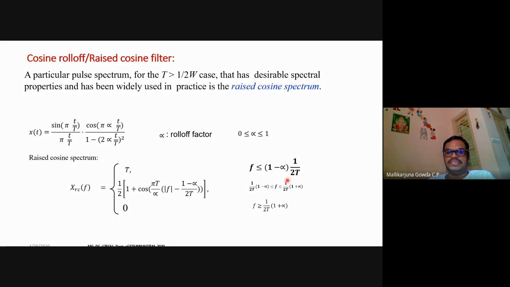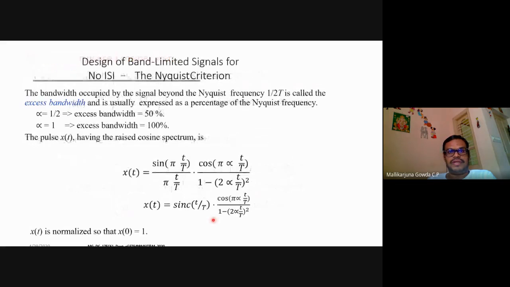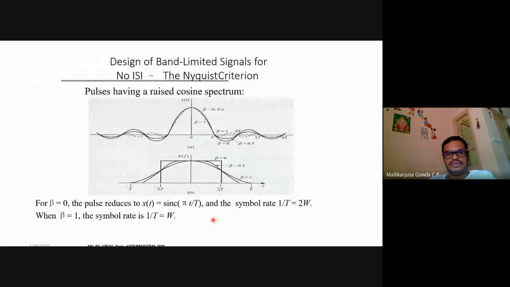Between this range, when frequency lies between (1 minus alpha) by 2T and (1 plus alpha) by 2T, the function is T by 2 times [1 plus cos of (pi T by alpha)(f minus (1 minus alpha) by 2T)]. And it will be 0 when f is greater than (1 plus alpha) by 2T. I will show you the spectrum of that. I will come back to this after showing this diagram.